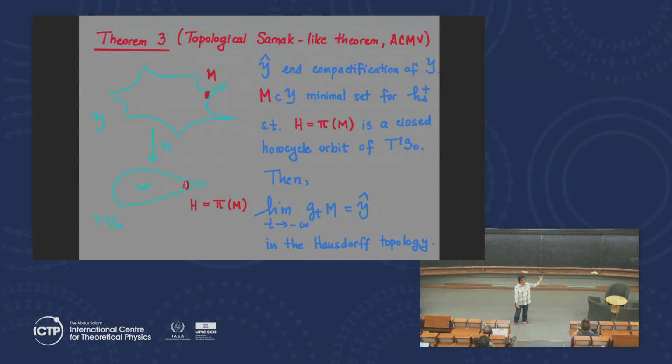But when you push them for negative times of the geodesic flow, like Sarnak did, we proved that you're converging to everything in the following sense. If you take the end compactification of the unit tangent bundle to the hyperbolic solenoidal surface, then every minimal set, when pushed under the geodesic flow for negative times, converges to the whole space in the Hausdorff topology. Okay, so one thing we have still to look at is what happens to measures.